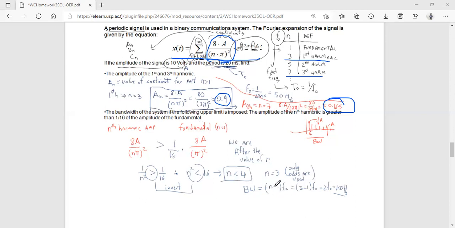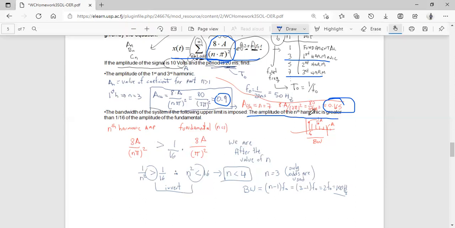We just need to find the n value which gives an amplitude greater than what this statement says: the nth harmonic should be greater than 1/16 of the fundamental amplitude. The fundamental amplitude will occur when n is equal to 1. The value of a is 10 from the equation.